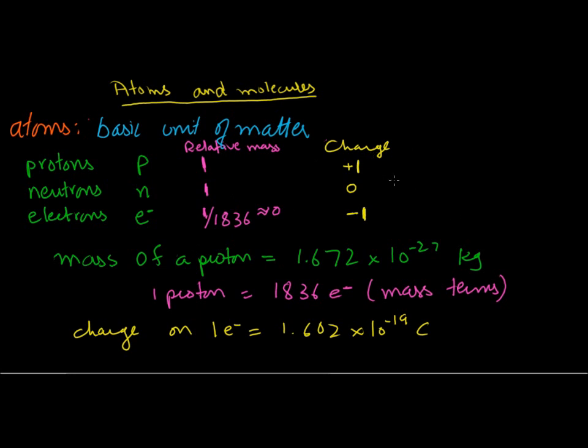Now how are these things arranged inside an atom? So you might have seen this picture earlier, the way you draw an atom is that you have this nucleus in the middle. This nucleus has your protons P and neutrons N. Okay? So neutrons are neutral, protons are positive, so the nucleus is positively charged, and then you have your electrons orbiting the nucleus, just like in our solar system, planets are orbiting the sun.